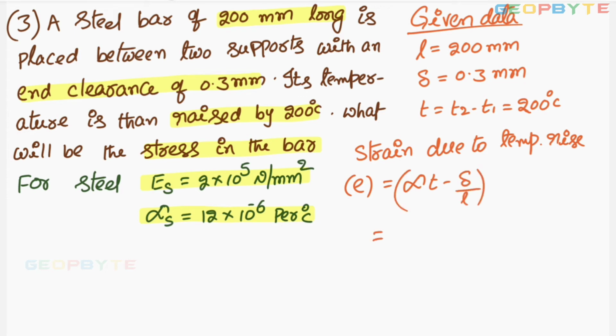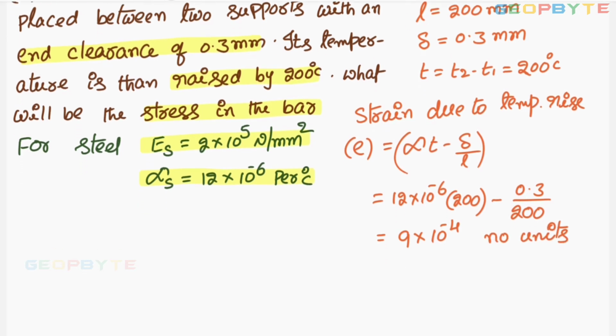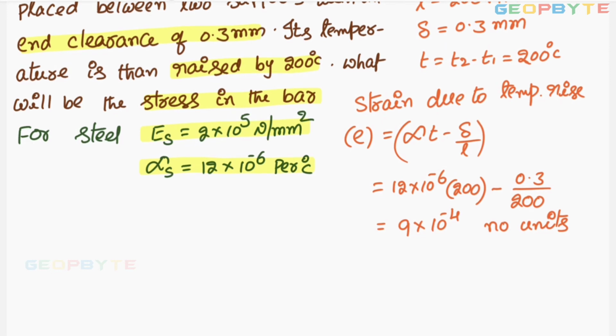It is equal to alpha 12 into 10 power minus 6, temperature 200, minus delta 0.3 divided by 200. Simplify this value to get 9 into 10 raised minus 4 with no units. Strain has no units. Now the stress induced due to temperature rise.